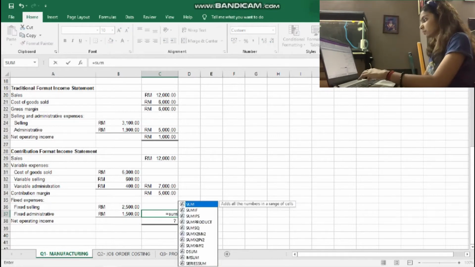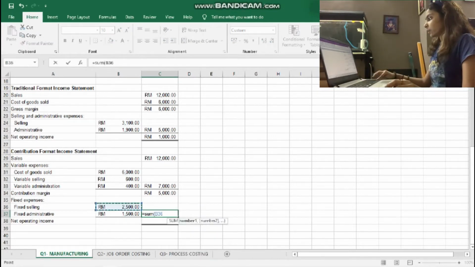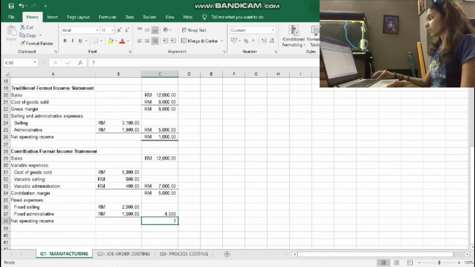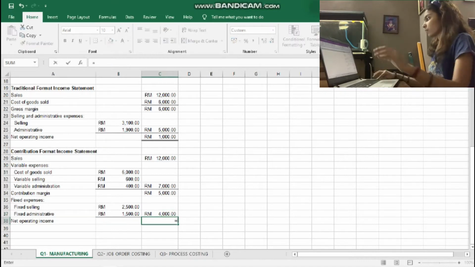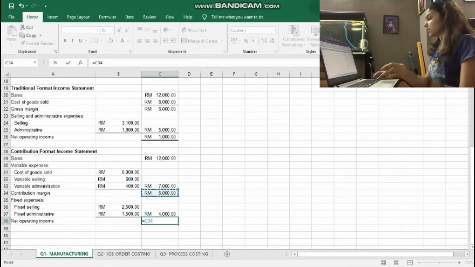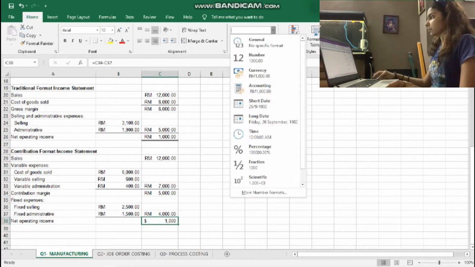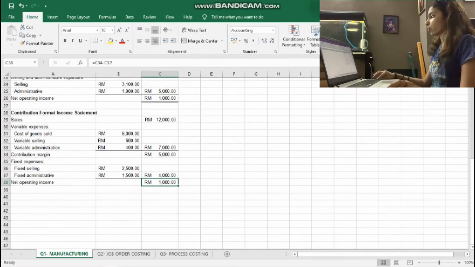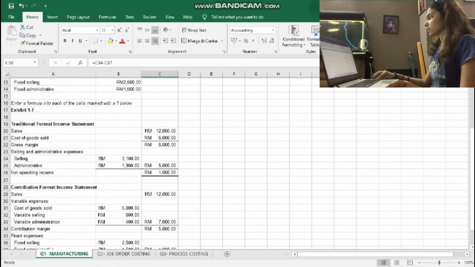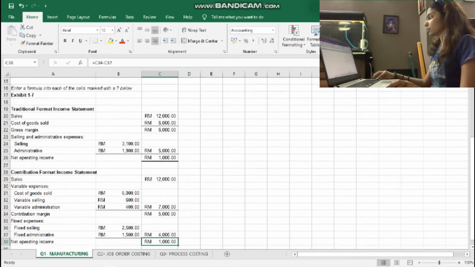Sum, we will get 4,000. Okay, so for net operating income, we have to minus contribution margin minus fixed expenses. We will get 1,000 again. So this is the answer for question 1. You see, traditional format and contribution format.